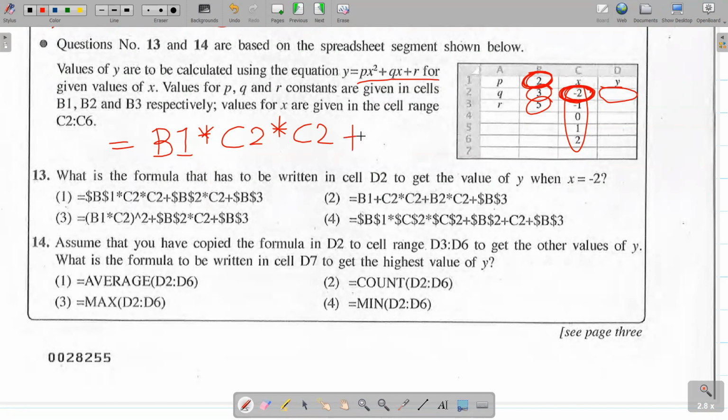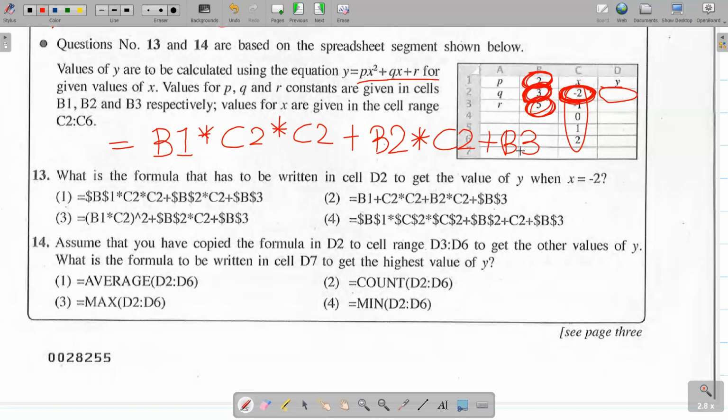And then the qx, the value of q is over here at the B2. So B2 multiplied by what? X again. All right, so that means C2 again. Plus R is over here, which is at the B3, so it's going to be B3. Right, generally this is going to be the equation.